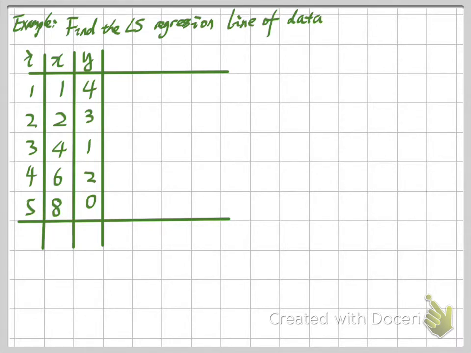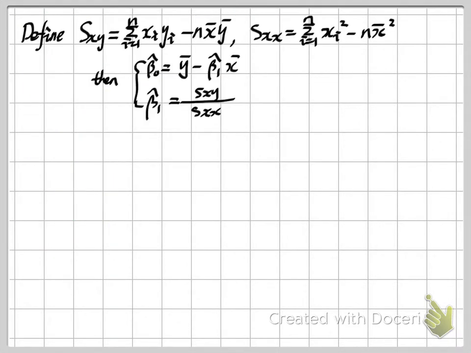We already have the formula for our beta 0 and beta 1. To use this formula, we need to first compute many important parts. For example, we need to compute this x bar, and we need to compute y bar, the sample means.